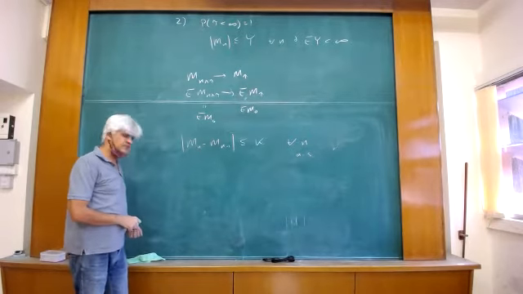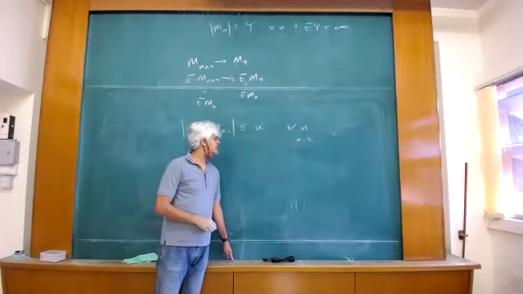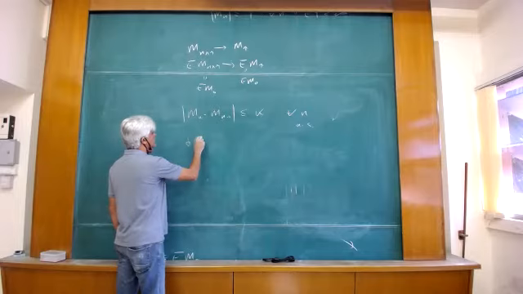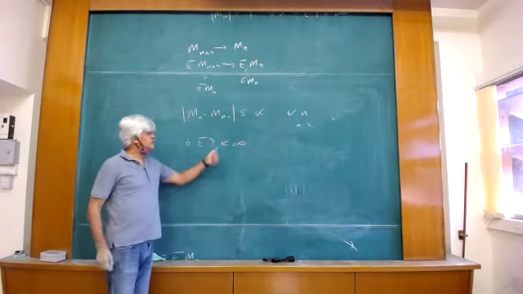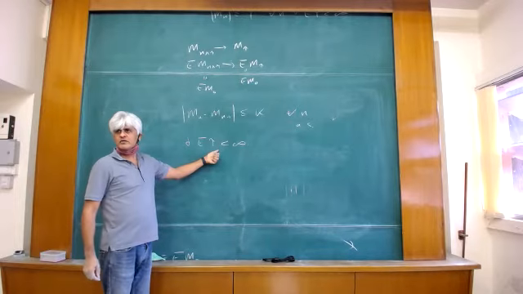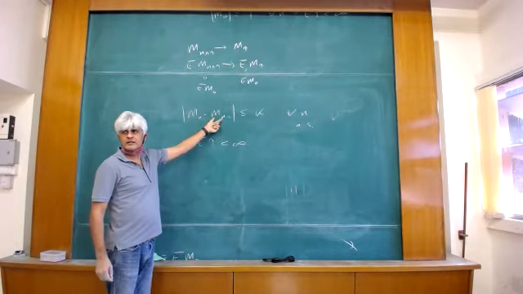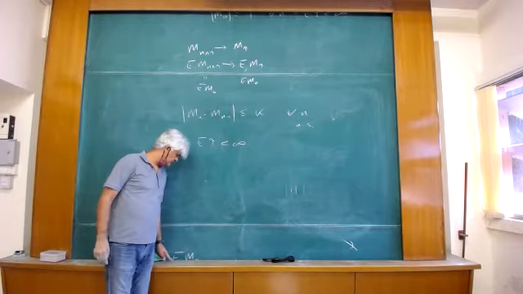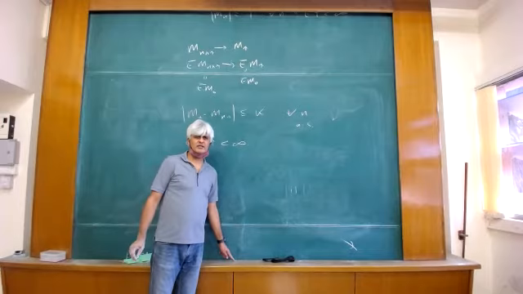The martingale itself need not be bounded, but the increments are bounded. And E of tau is finite. This will imply that tau is finite, but now we are asking for more. We are asking for more here and less there. So these are three conditions to keep in mind.